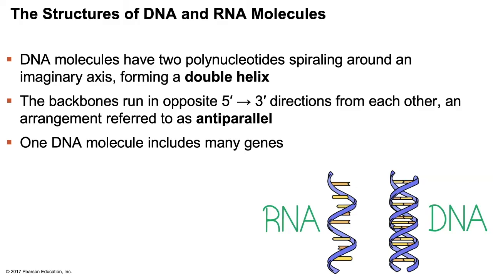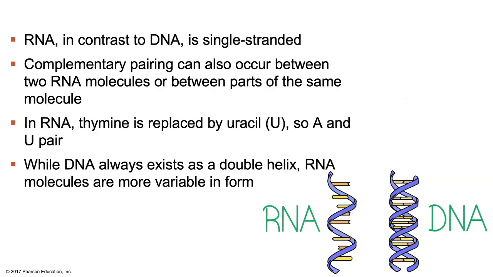The backbones are running in opposite directions, which we call 5' to 3', and this is called running anti-parallel. One DNA molecule can encode up to 1,000 genes. RNA, in contrast, is a single-stranded molecule.